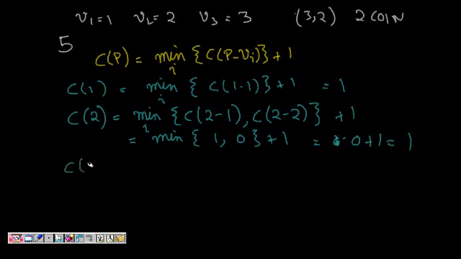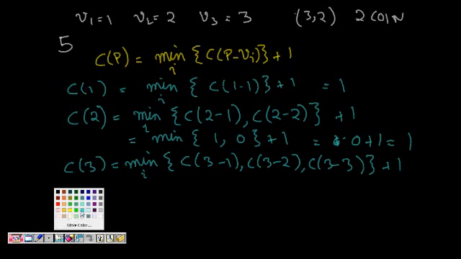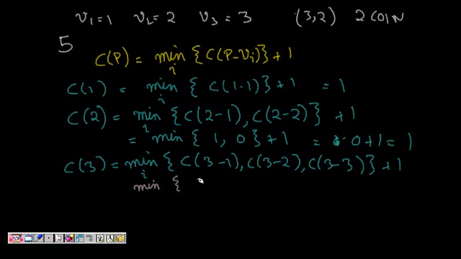Similarly for C of 3, this is the minimum, for all the coins I use, of C of 3 minus 1, C of 3 minus 2, and C of 3 minus 3, plus 1. So this is the minimum of C of 2, C of 1, C of 0, plus 1.